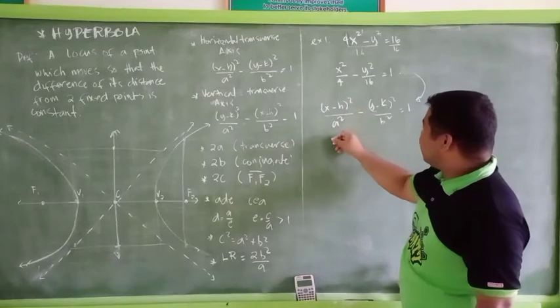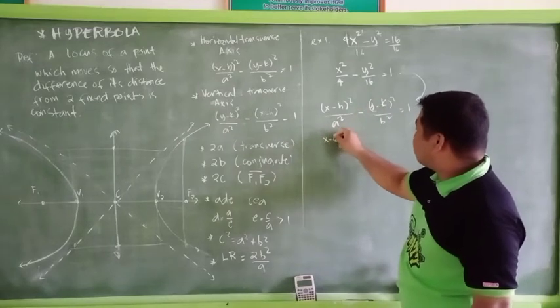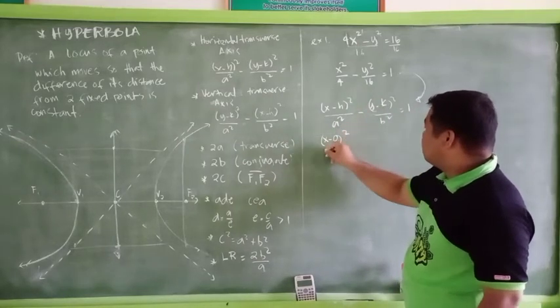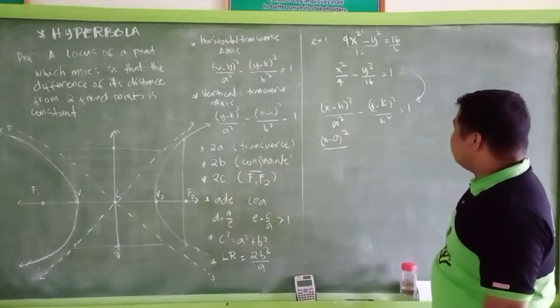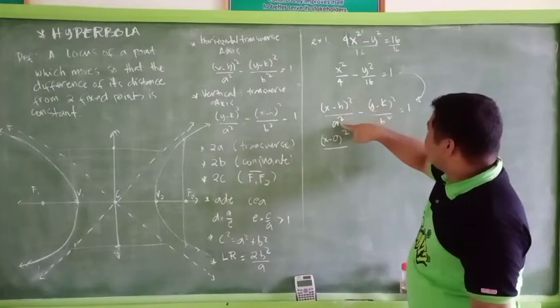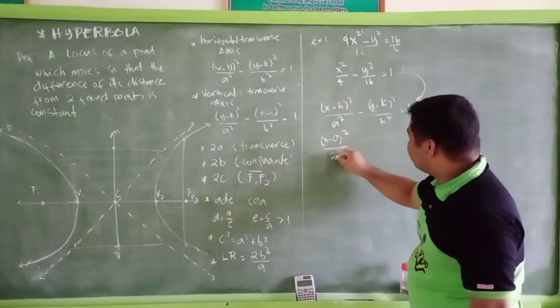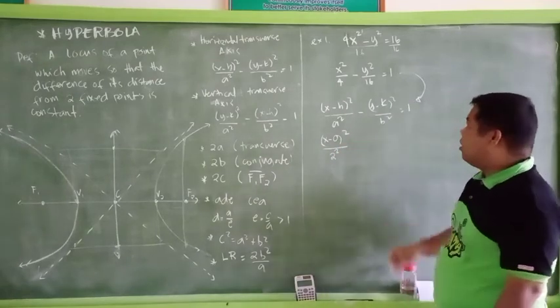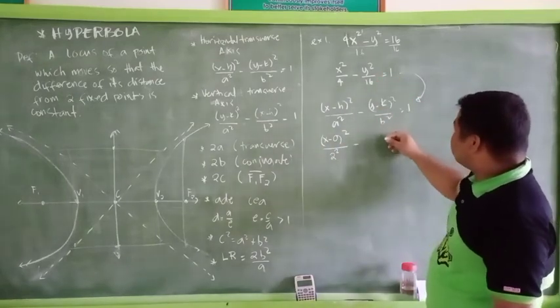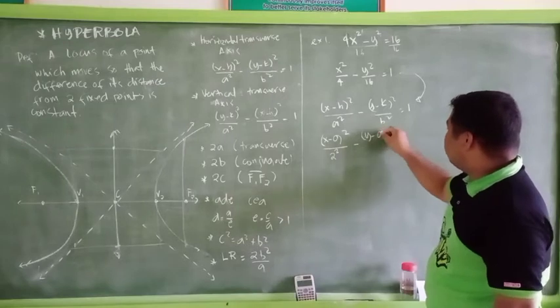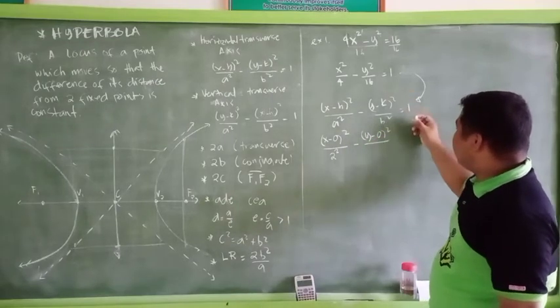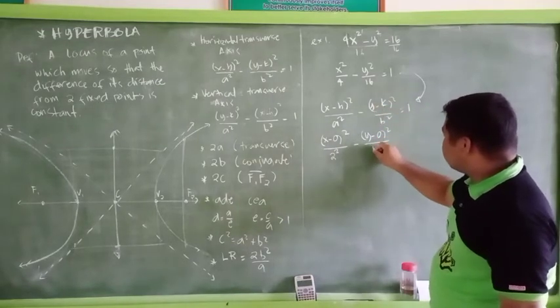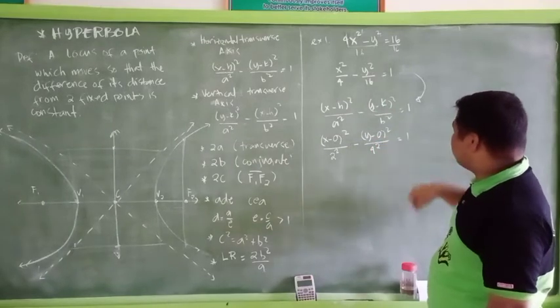Yung x squared natin magiging x minus 0 raised to 2 over a squared natin, which is 4, so therefore magiging 2 squared siya. Minus, y minus 0 squared over yung b squared natin, which is 16, so that is 4 raised to 2, is equal to 1.